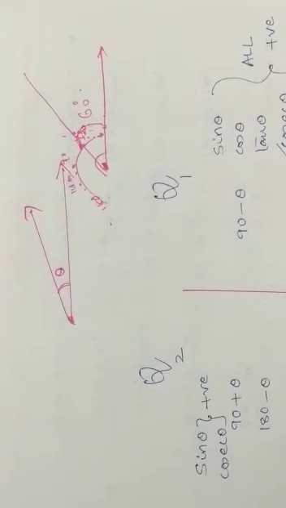Once again we try to recollect a few points. In general, angle is always measured in anti-clockwise direction, which is also called positive direction.